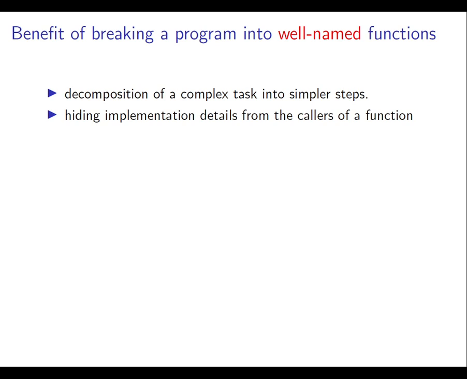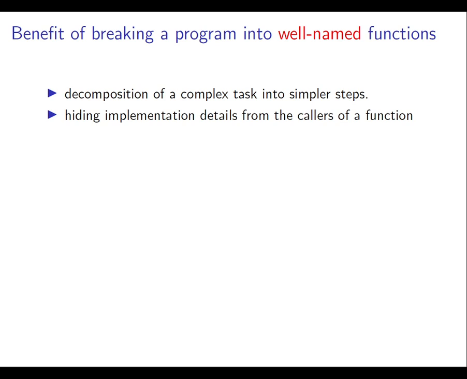Sometimes you can't, and you have to go and read the code of the function, but at least then you're no worse off than you would have been if the code of the function had been pasted there into the program in place of the function call, as it was in our original version of the Pocket Money program.